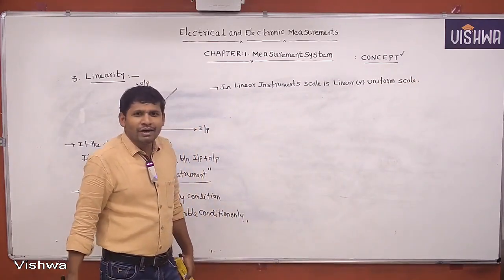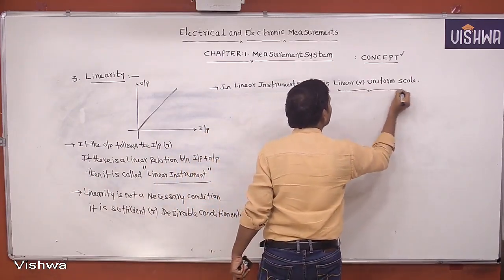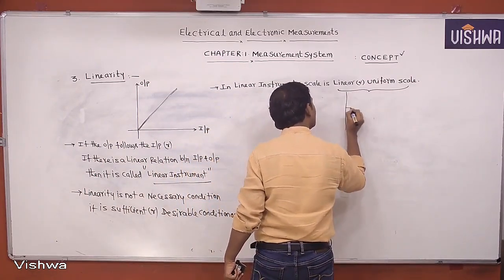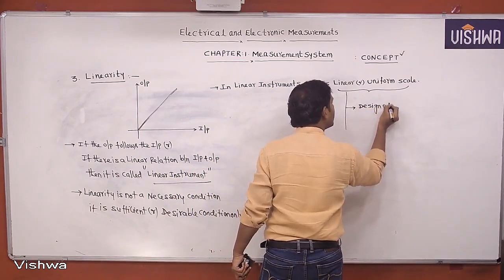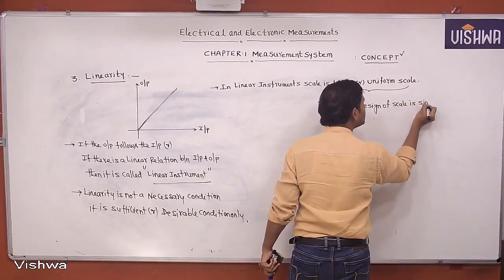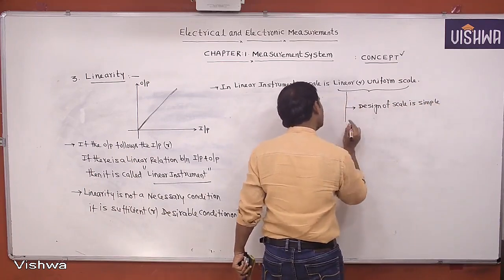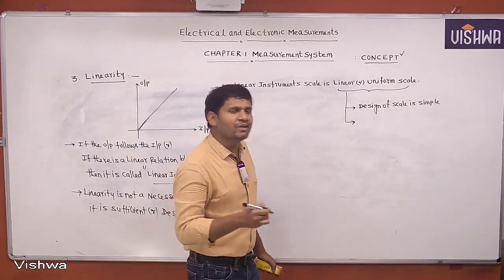Then what is the advantage of a linear or uniform scale? Design of the scale is simple. We can design the scale simply. Then the unknown value is measured with clarity and certainty.